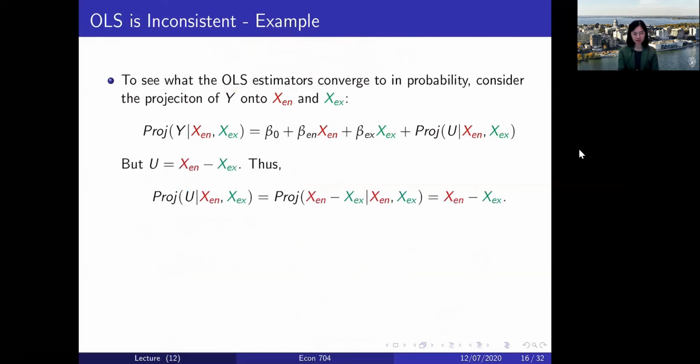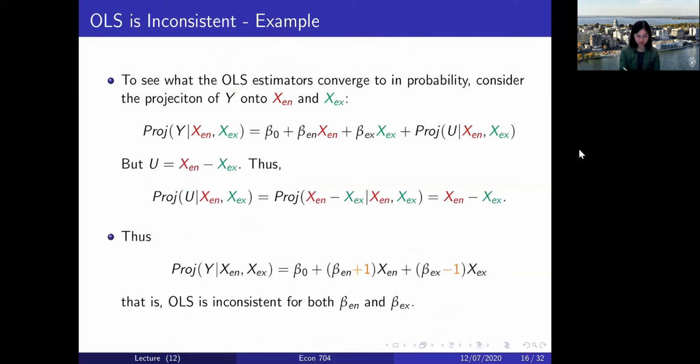So that's exactly what I went through. The projection of y on xen, xex has beta en plus 1 as the coefficient for xen and beta ex minus 1 as the coefficient for xex.